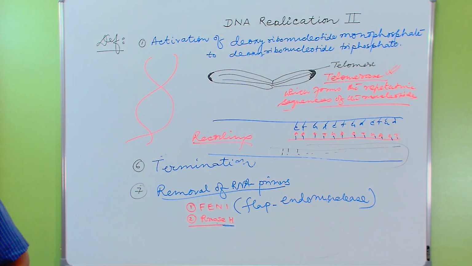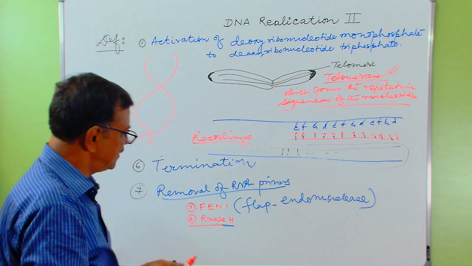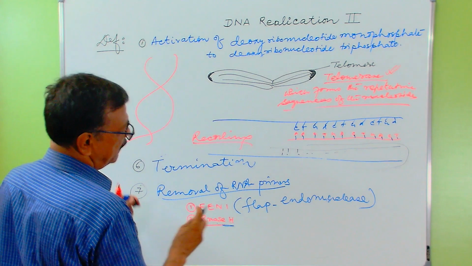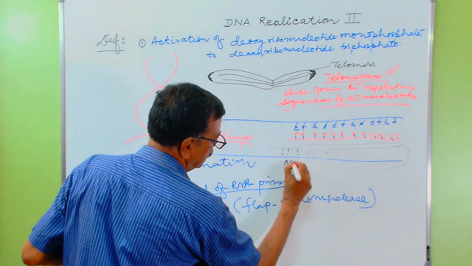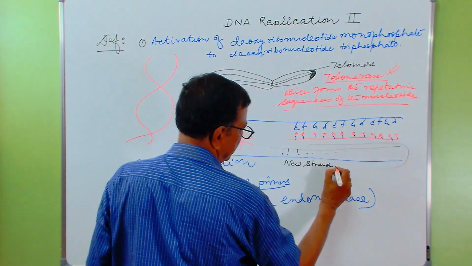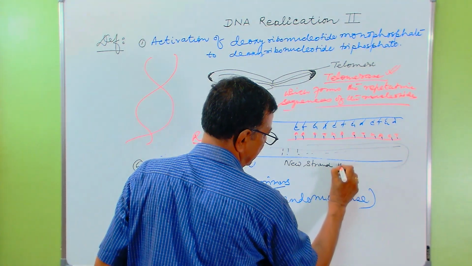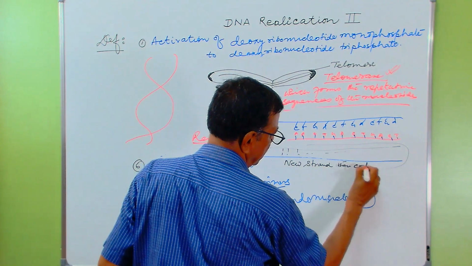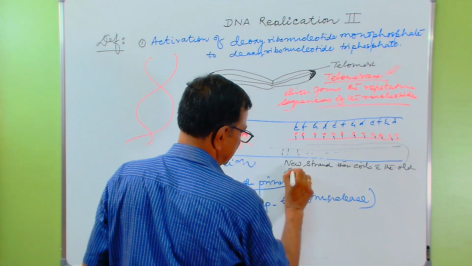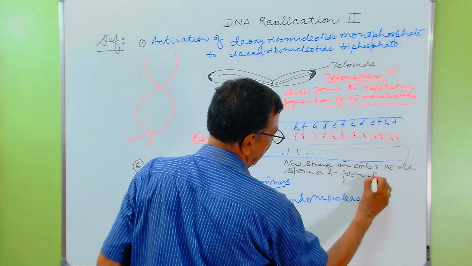The new strand coils in the form of a double helix. We write that the new strand then coils with the old strands and forms a helix.